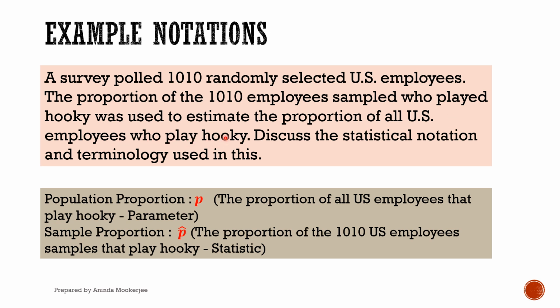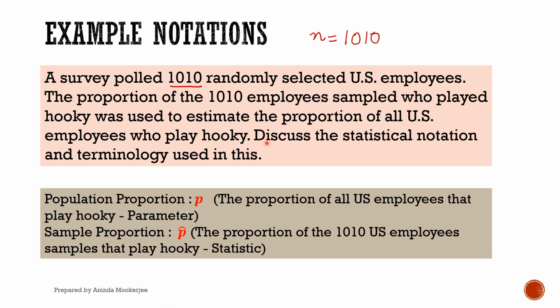All right. So the total number of people sampled for this study was 1,010. So that's our n, right? n represents the sample size, so n equals 1,010. They haven't told us how many of these individuals that were surveyed responded yes, how many met the specified attribute that they played hooky once in a while.